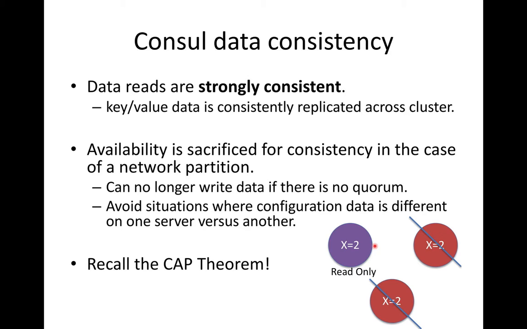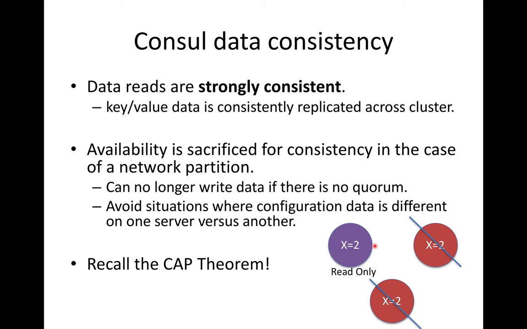And this harkens back to the CAP theorem that I talked about earlier in the course. Remember, in any sort of distributed database, we had to make a choice between availability, consistency, and partition tolerance. We couldn't have all three of those characteristics simultaneously.